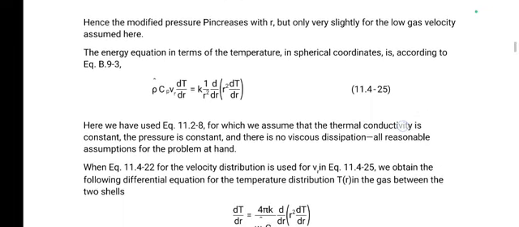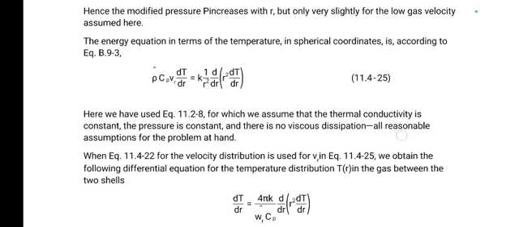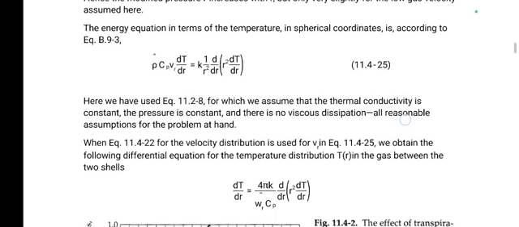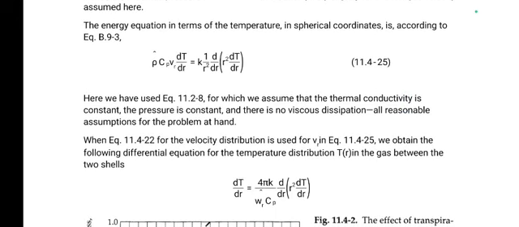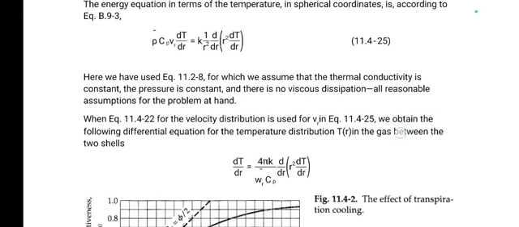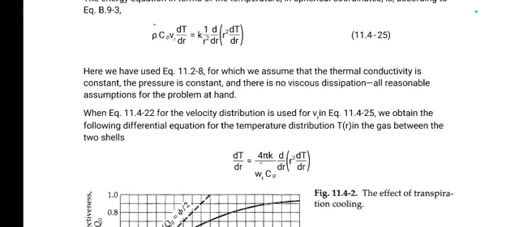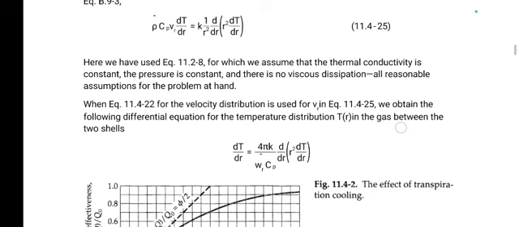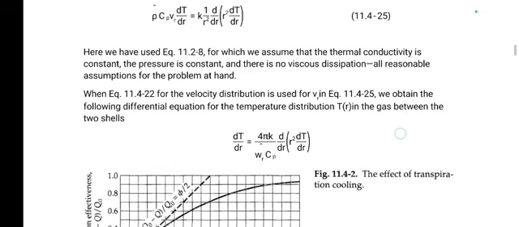The energy equation in terms of the temperature in spherical coordinates is, according to equation 11.2-8, rho Cp v_r dT by dr equal to k times 1 by r squared d by dr of r squared dT by dr. Here we have assumed that the thermal conductivity is constant, the pressure is constant, and there is no viscous dissipation, which are reasonable assumptions for the problem at hand.